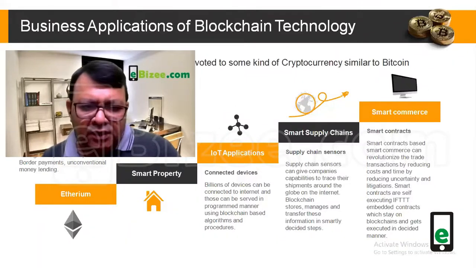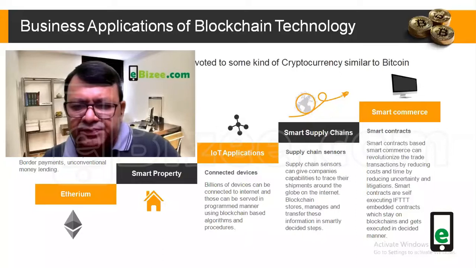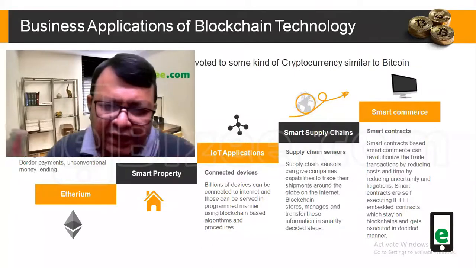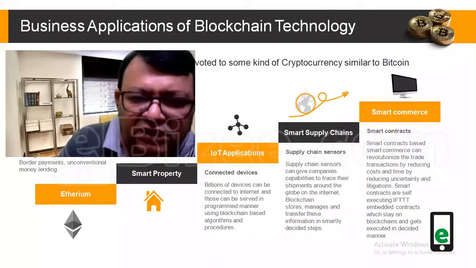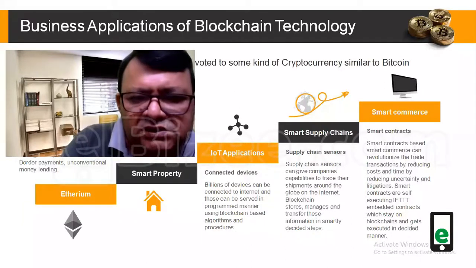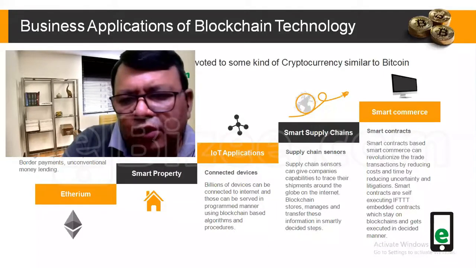For example, transfer of money from buyer to seller and things like that. And these self-executing IFTTT embedded contracts stay on blockchains and get executed in the decided or agreed manner between the parties. So whatever the contracting parties agree with each other and decide, it can be put into smart contracts, and nobody can tamper with that procedure or steps.